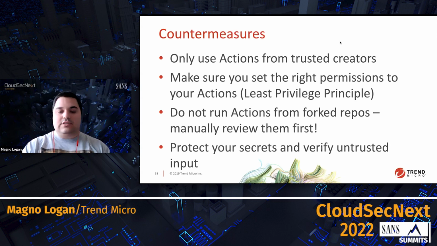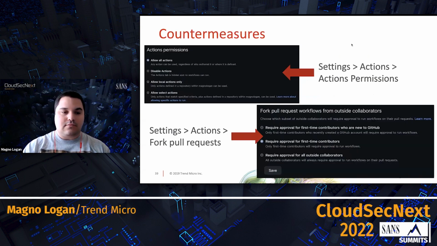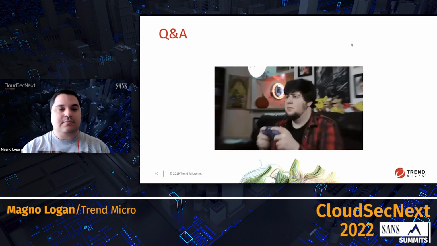And also, of course, protect your secrets and verify untrusted input. You have a GitHub token, which is valid while your action is running, so make sure you protect that token and don't allow it to be leaked anywhere else. This is where these recommendations or protections are located inside GitHub itself, so you can play with those settings for your environments.